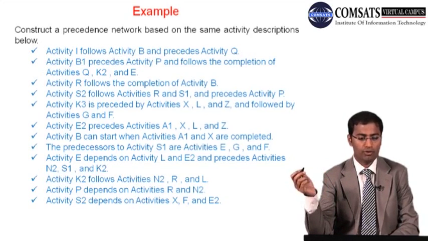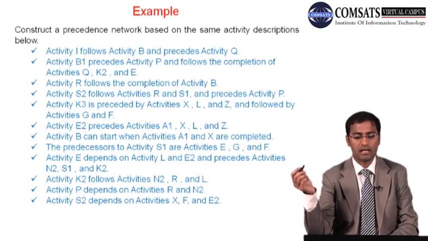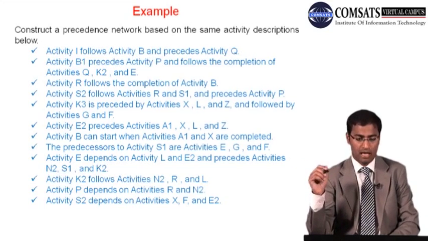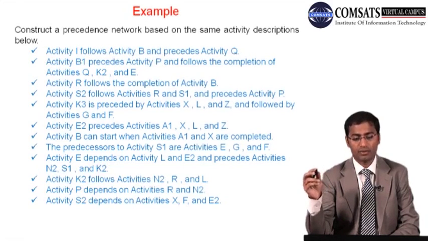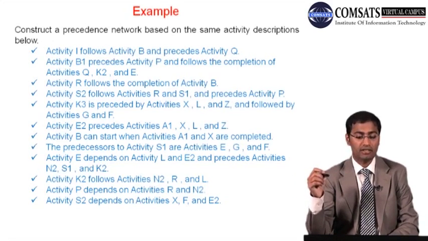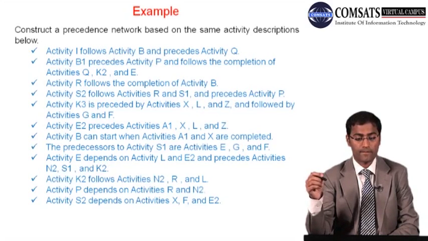Activity B precedes activity P and follows the completion of activities Q, K2 and E, and activity R follows the completion of activity B. Activity S2 follows activities R and S1 and precedes activity P. Activity K3 is preceded by activities X, L and Z and followed by activities G and F. Activity E2 precedes activities A1, X, L and Z.